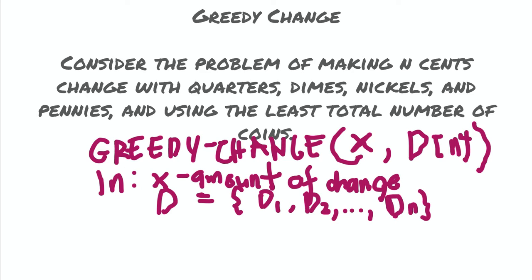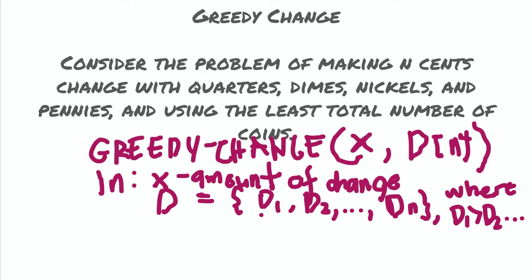And we put a constraint that D should be ordered, where D1 is greater than D2, and so on up to Dn. So D1 is the largest denomination.